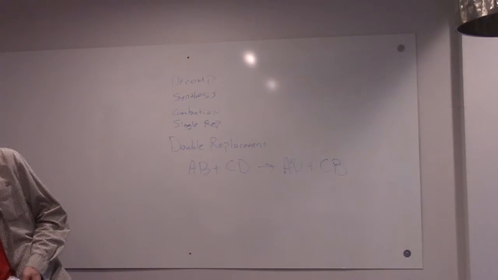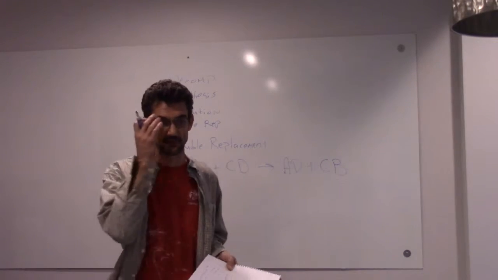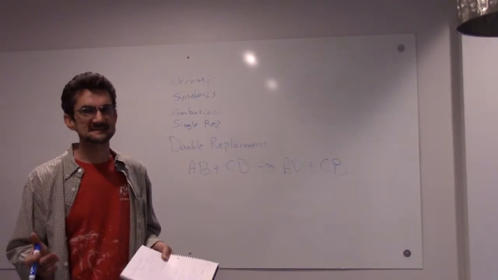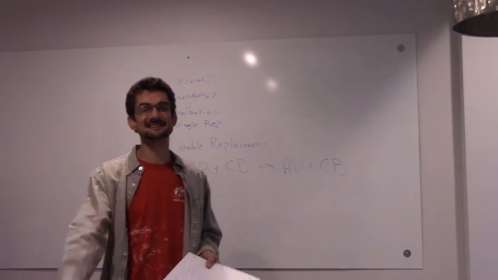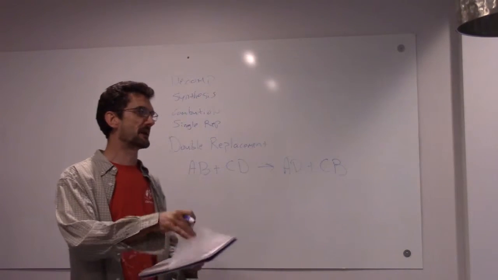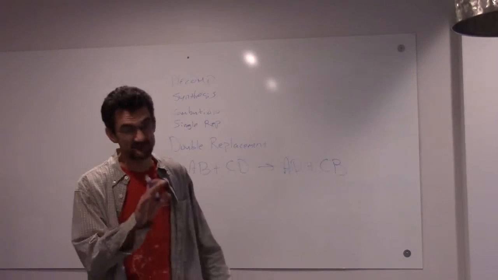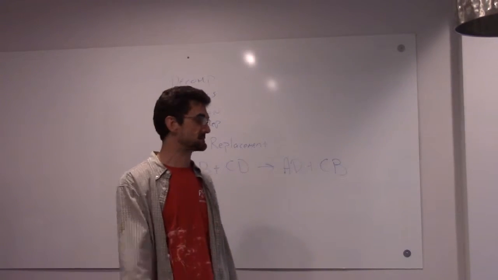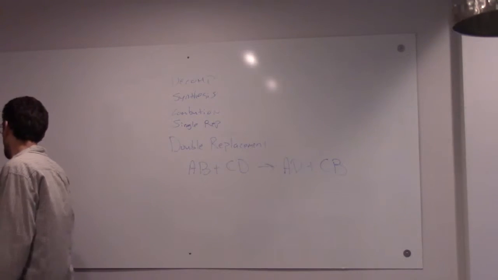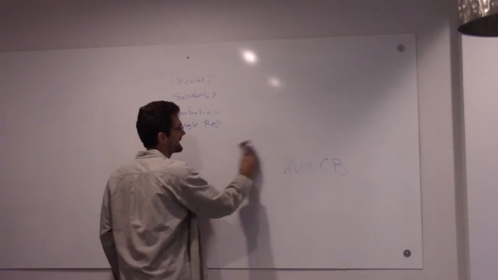Well, there's a special kind of double replacement, and it's so special that it warrants its own category, really. That's the sixth reaction I was talking about: the acid-base neutralization reaction, which is just a fancy form of double replacement. But it's so important that people tend to call it its own type of reaction. So let me hit that real quick.